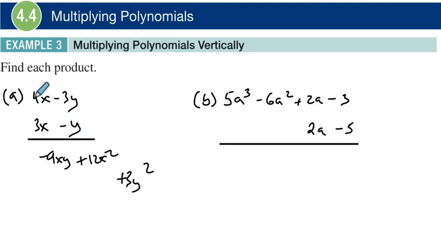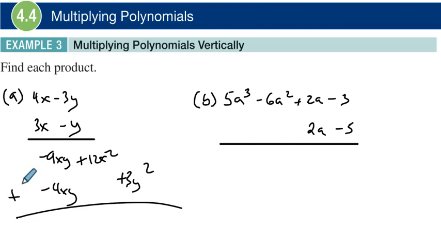Now, negative y times 4x is going to be a negative 4xy. And I'm going to put that right here, because now these two terms are in common. I'm going to put a little line right there and add these together, combine them.